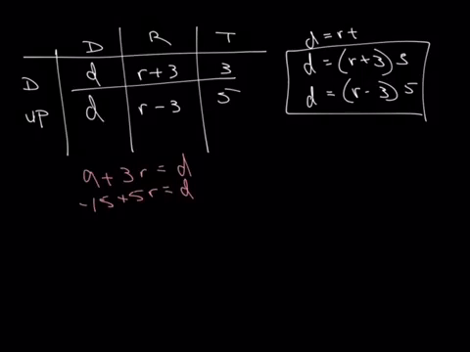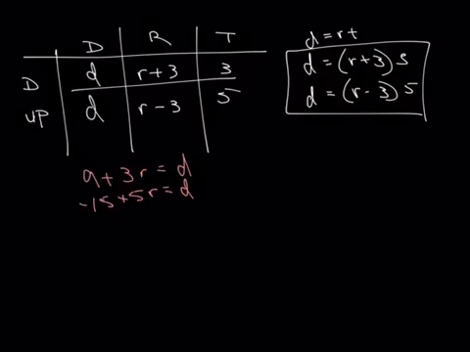Alright, so let's look and see what we know here. We know that our distances are the same. So if these are the same, then these have to be the same, right? If this distance equals that and distance equals that, well, both of them are D's, so that means this number here and this number here have to be the same.